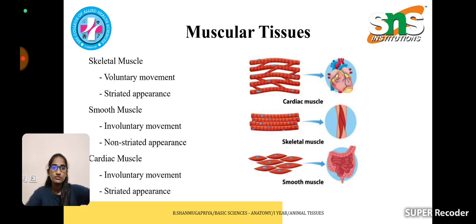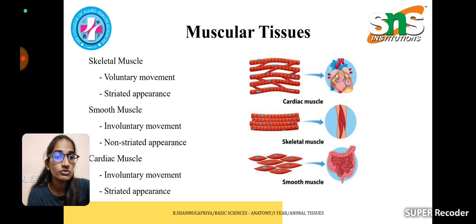In this image, we have seen the structures of skeletal muscle, smooth muscle as well as cardiac muscle. The first image is of a cardiac muscle, which is branched, multinucleated, striated, and these are involuntary muscle fibers.